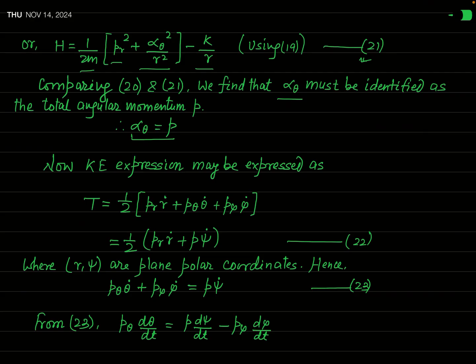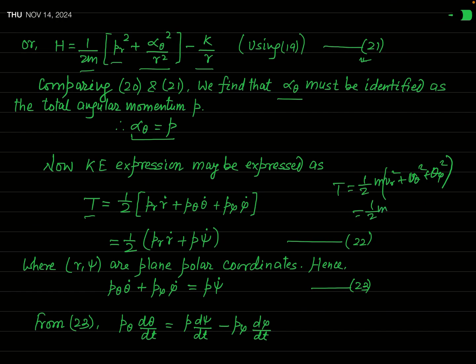Now, in terms of the linear momentum, you can write the expression for kinetic energy. You know, kinetic energy will be given by half m v r square plus v theta square plus v phi square, taking m as a common factor.